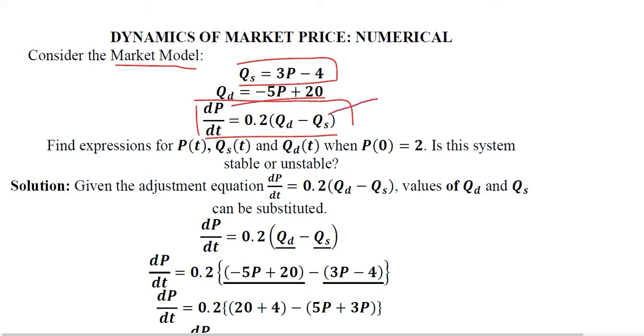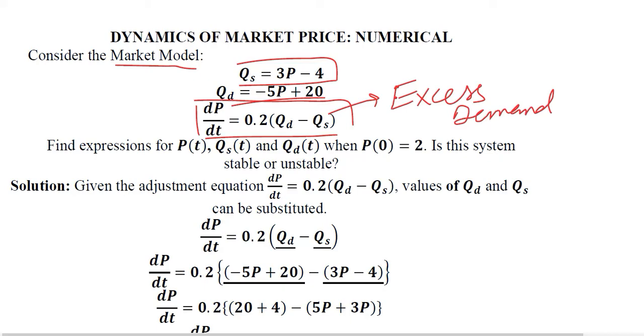And this, as you remember, is the excess demand. So this is the adjustment equation, the correct name of it, as we dealt with this equation in the development of the formula for the time path.